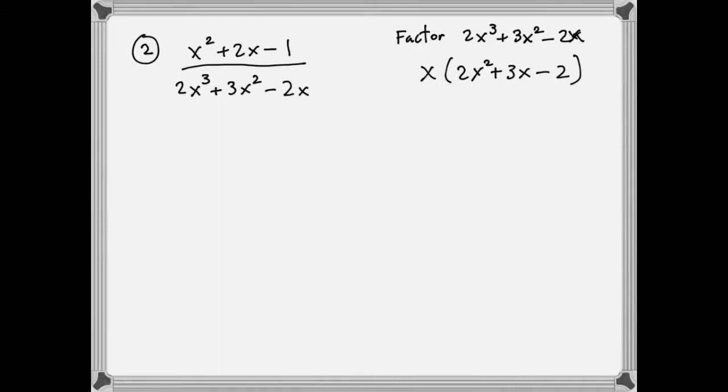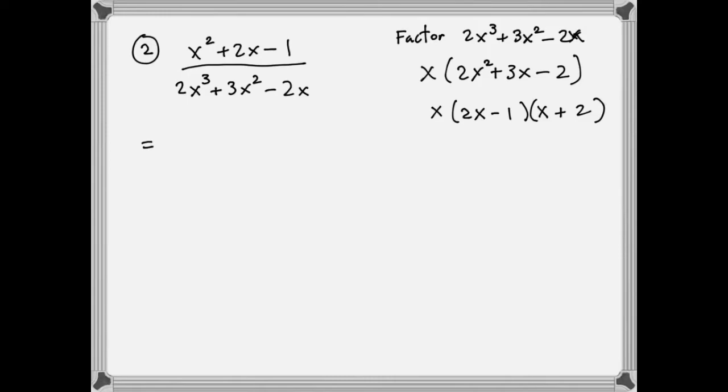From here, I need to factor this, so I can see if this can be factored. If it can, I need to have a 2x and an x there. So let's see. Maybe negative 1 and positive 2 works. I believe that's it. Yes. So there's our factorization.